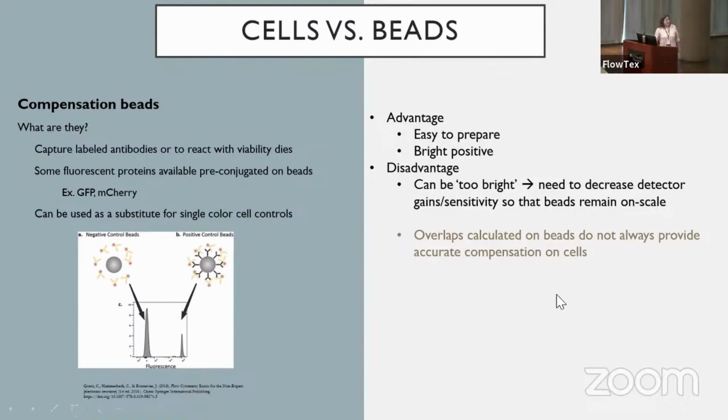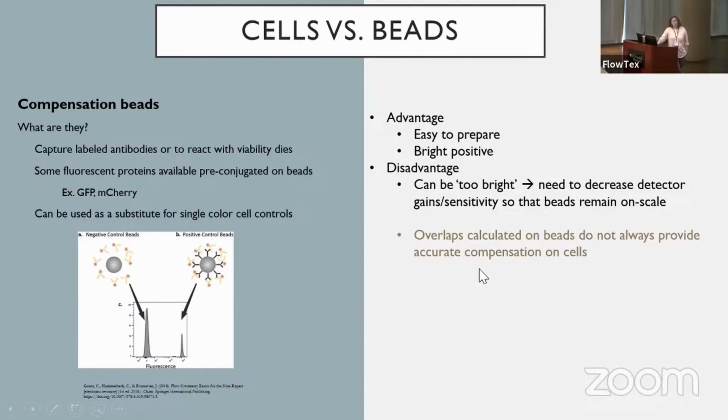And as I mentioned before, the overlaps that are calculated on beads don't always provide accurate compensation on cells. Whether it's because the fluorochromes behave differently on the plastic surface versus on a cell surface, or because there's autofluorescence background that isn't being accounted for in the counting statistics, it's disrupting the calculation for that dye across all the detectors.